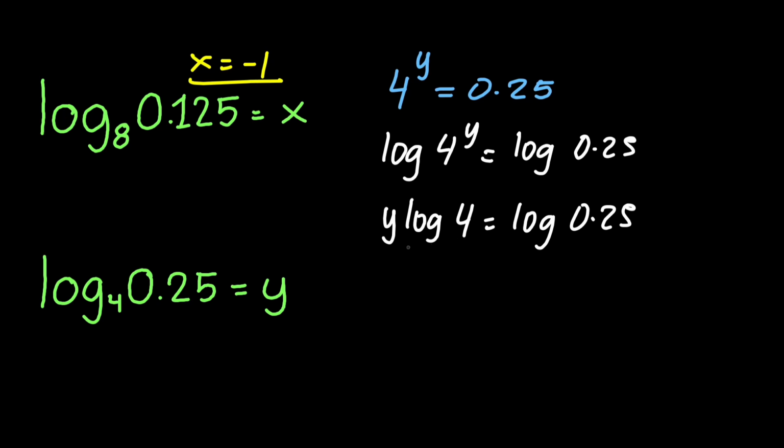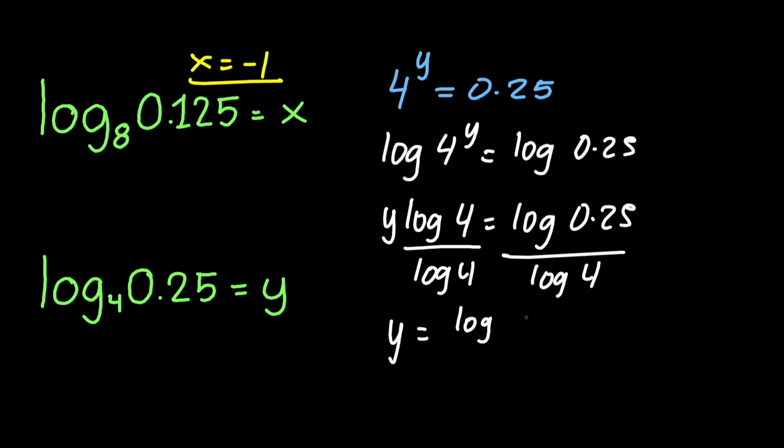And divide both sides by log of 4. And so y right here would be equal to log of 0.25 over log of 4. Input this into your calculator and you should have an answer of negative 1 also.